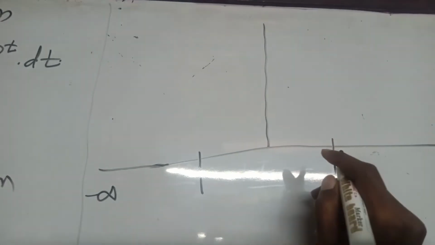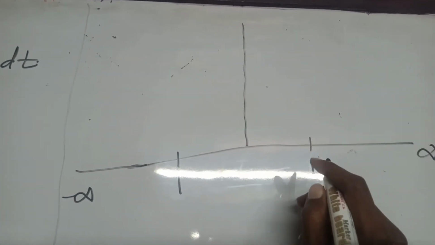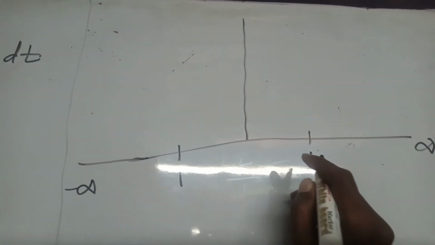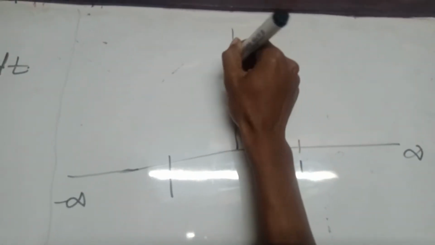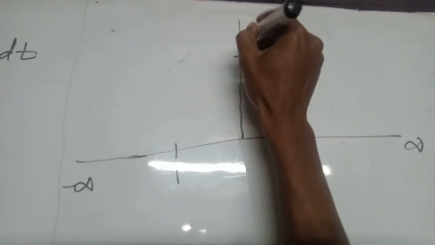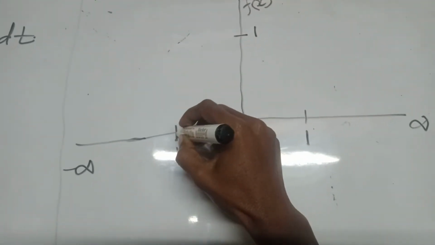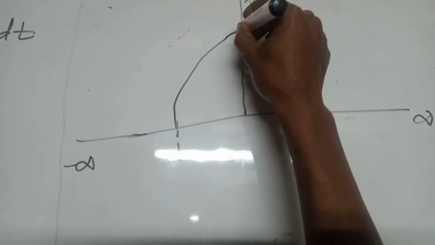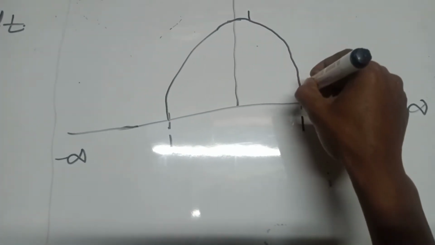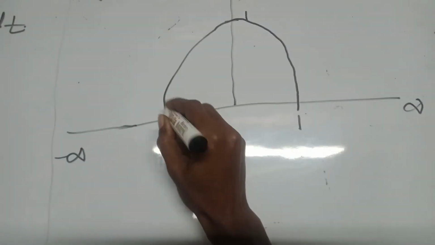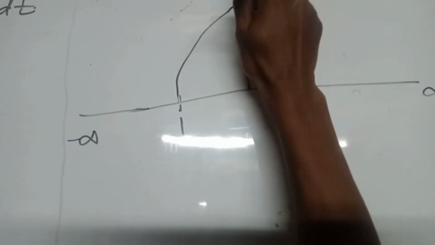For the case of f of x equals 1, we represent it on this graph. We have our 1 here, and this is our f of x, this line. So now we draw it like that.